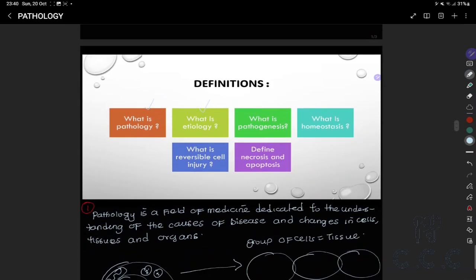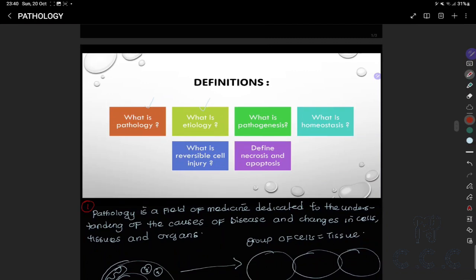The next thing we're defining is homeostasis. Homeostasis in very basic form is simply the maintenance of a steady internal environment. It's the concept whereby your body does what it needs to do in order to keep you at a constant internal environment.